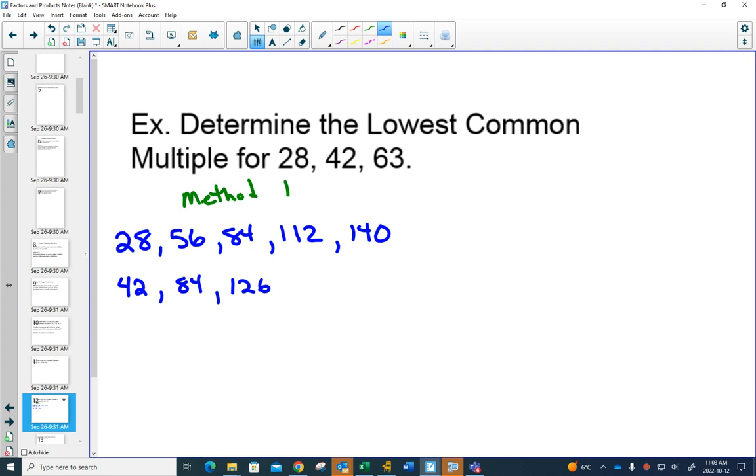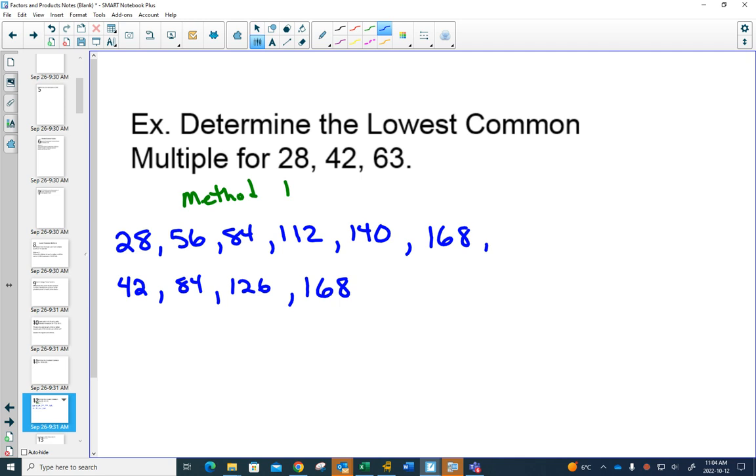I'm just adding mental math. Add 28 to this, 168. And here I'd have to add 42, so that would get me to 168. This is looking good.